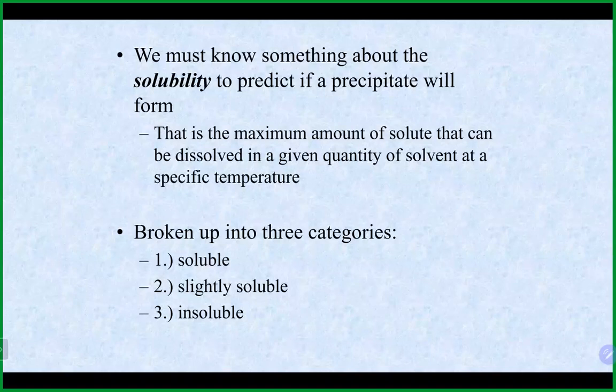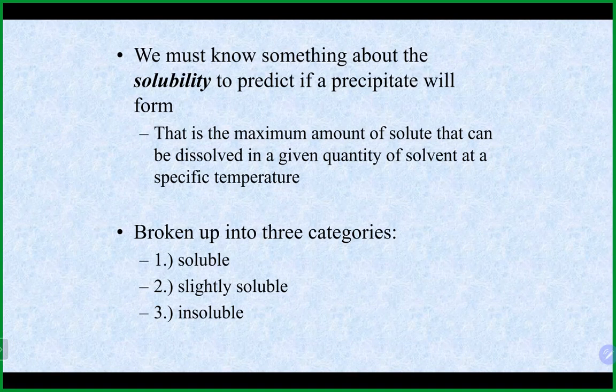When we talk about solubility, we can use what are known as solubility rules to help us predict whether or not we would get a solid as a result of mixing two ions together. If something is soluble, it really does mean that it mixes, it dissolves. If something's insoluble, it means that it does not mix. Solubility tables or rules are often broken up into three categories, though nowadays it's really just two.